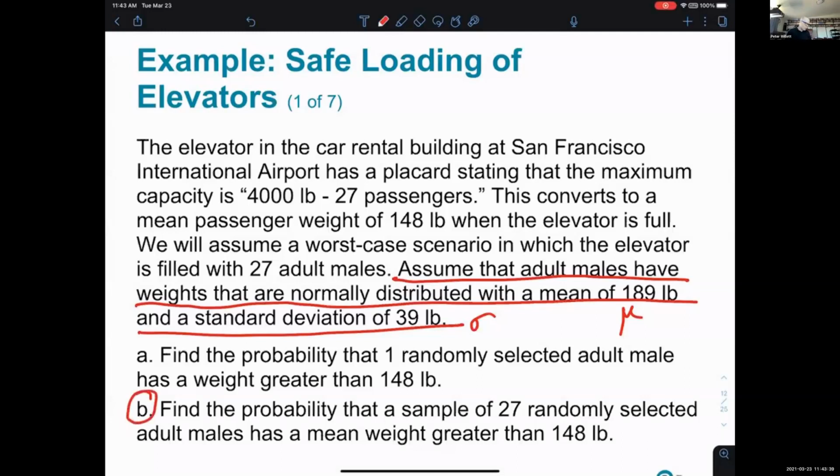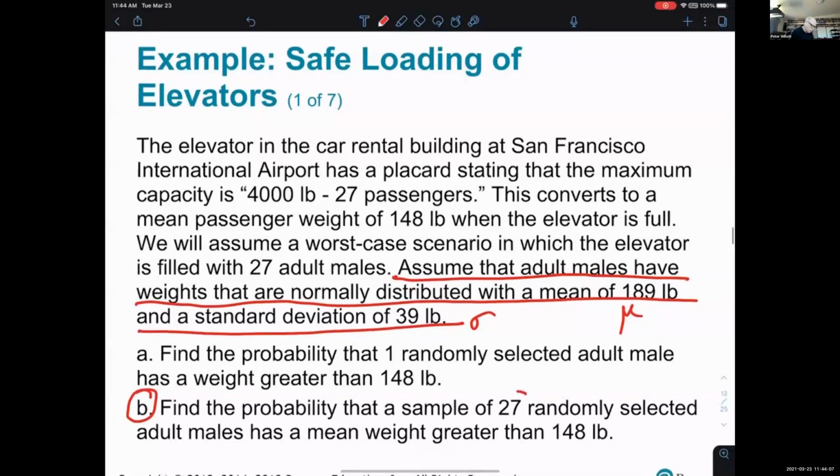First of all, because we are trying to find the probability of 27 people having a mean weight greater than 148, we're now looking at a sample mean, not just a single person. And when we're looking at a sample mean, and talking about how that's distributed and how likely that is, that's when you want to apply the central limit theorem.